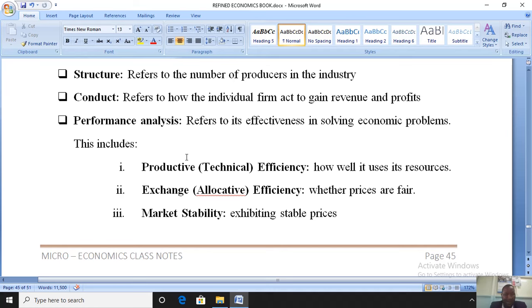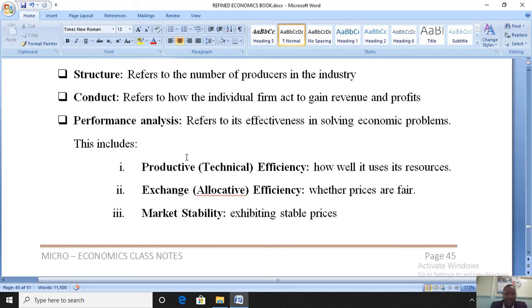Second thing that we look at under performance analysis is the exchange efficiency of the firms. Here we consider whether the prices that are charged in that particular market structure are fair. Exchange efficiency is also called the allocative efficiency.